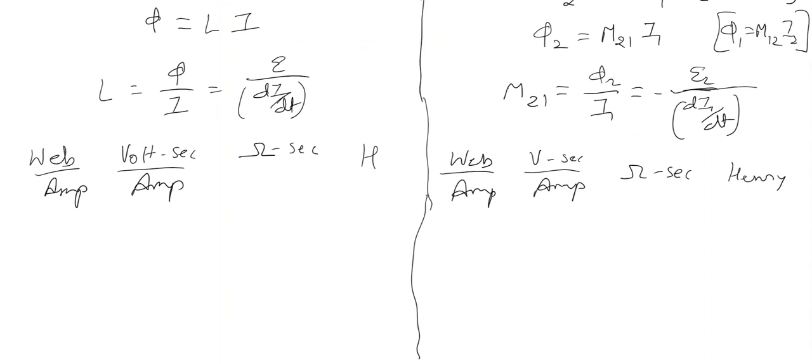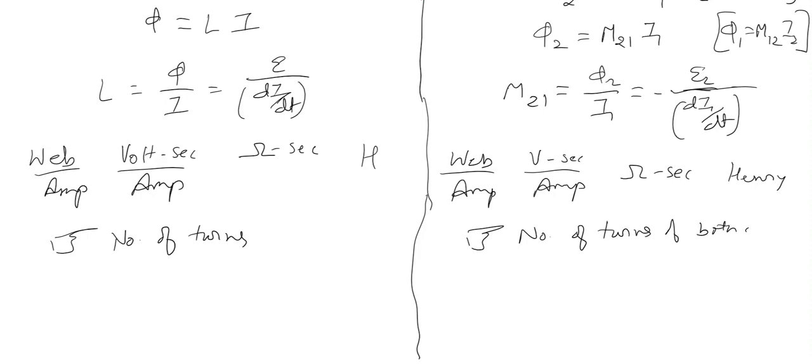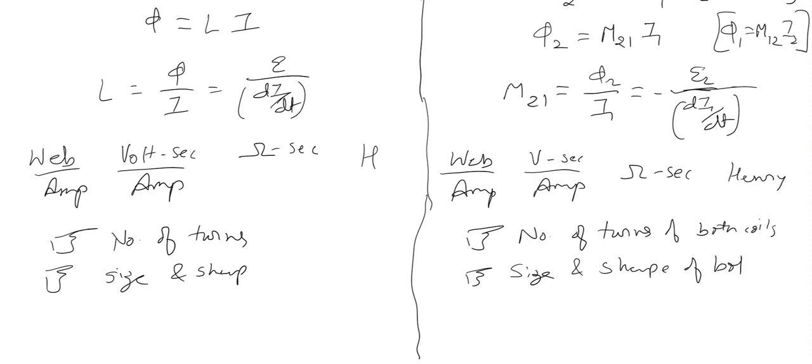The phenomenon of self-induction depends on the number of turns of the coil. This also depends on the number of turns of both the coils, and the size and shape of the coils, both the coils.